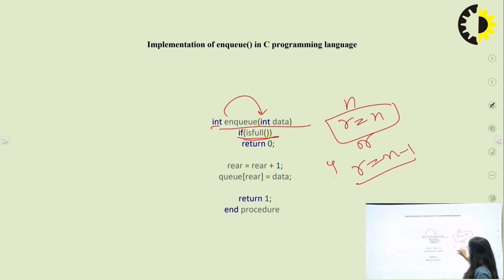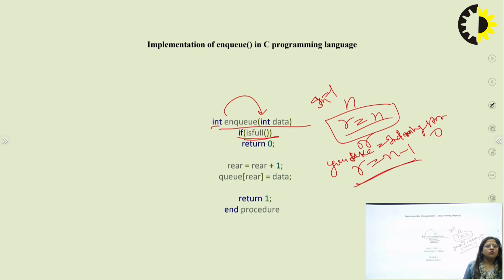If you take indexing start from 0, then r equal to n minus 1. When indexing starts from 1, then r equal to n.